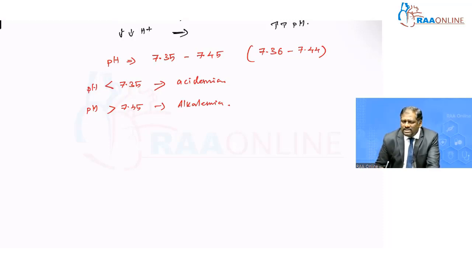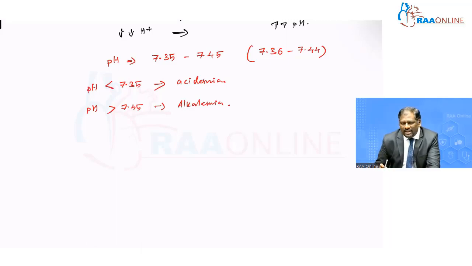You should be wondering, how come our body is maintaining such a narrow pH? Why is pH maintenance extremely important, guys? Do you have any idea? Do we have to maintain the pH in your body? Is it necessary, or is it just for comfort? It's absolutely needed. Why? Because most of the enzymes in your body are proteins, obviously, and they will be active in a physiological pH only.